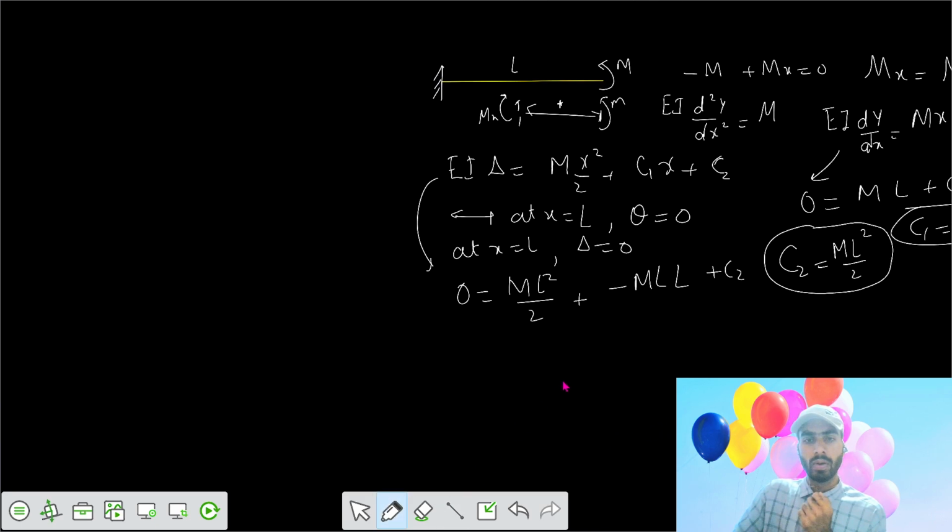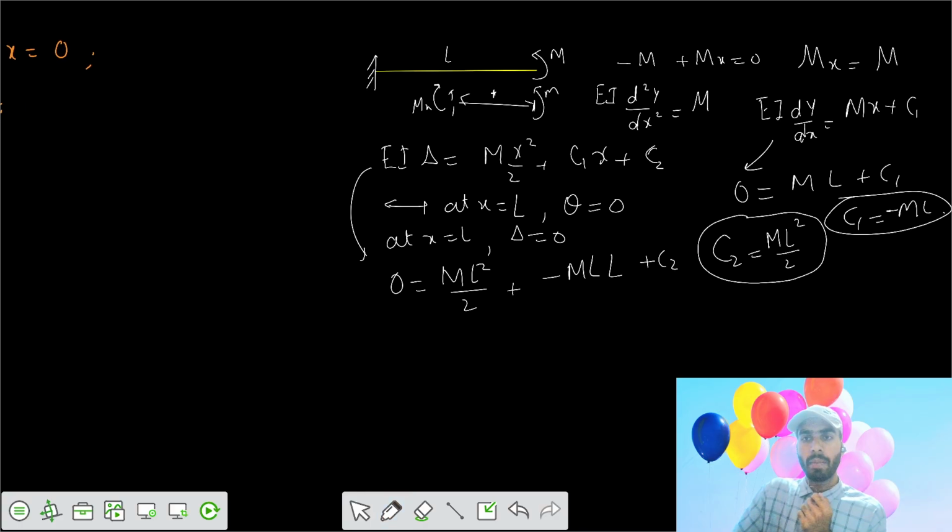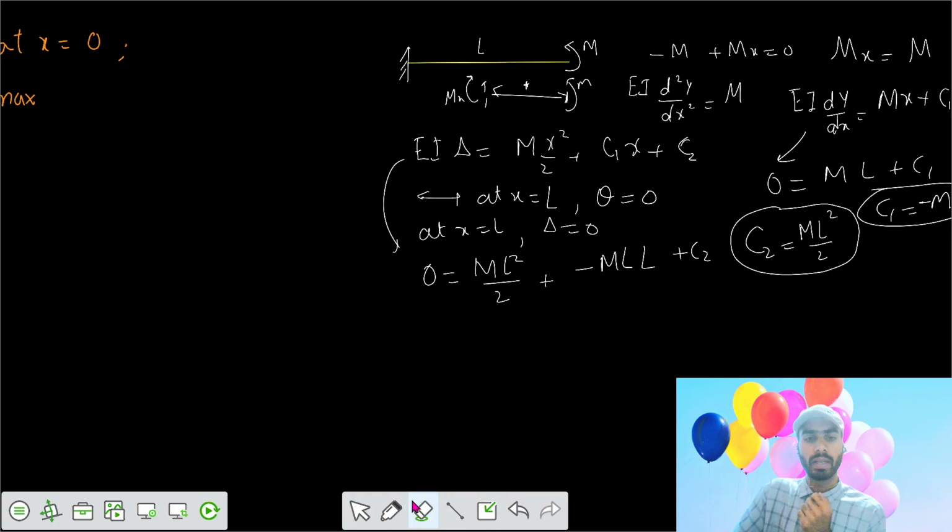We can write now that at x equals to 0, we have theta max equals to, from the equation we got EI dy by dx equals Mx plus C1, that's M into x plus C1.